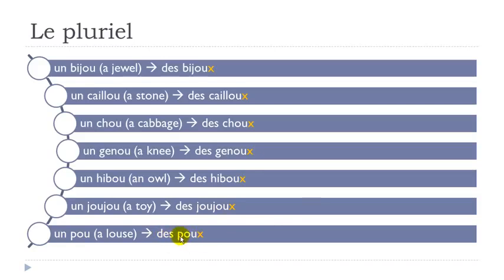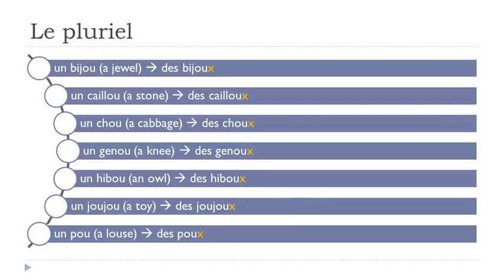So the good thing, if you remember carefully what I've been introducing so far, is that for the main group of words you only need to add s at the end, and you don't pronounce the s. Or for the exceptions, like these ones here, you have to add this x at the end, but still you won't pronounce the x.